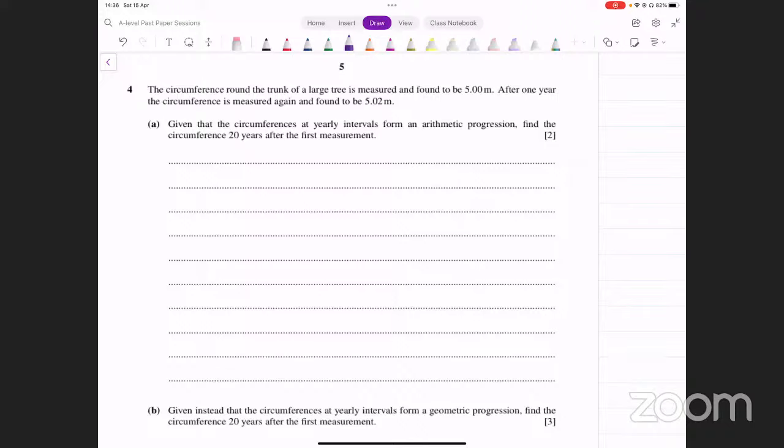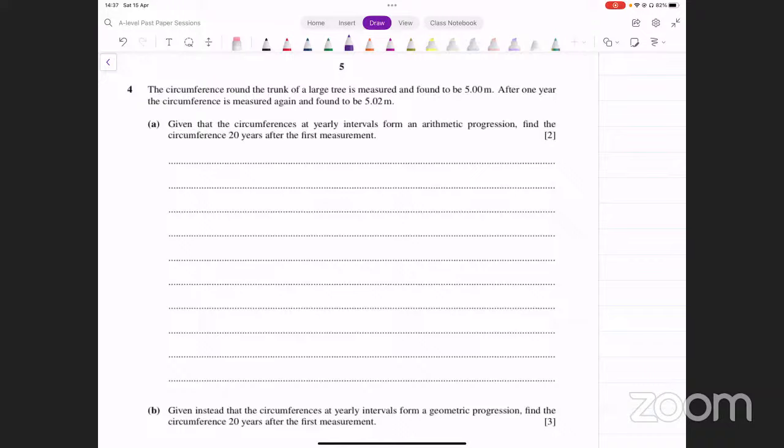After 1 year, the circumference is measured again and found to be 5.02 meters. Now, given that the circumferences at yearly intervals are in arithmetic progression, find the circumference 20 years after the first measurement.